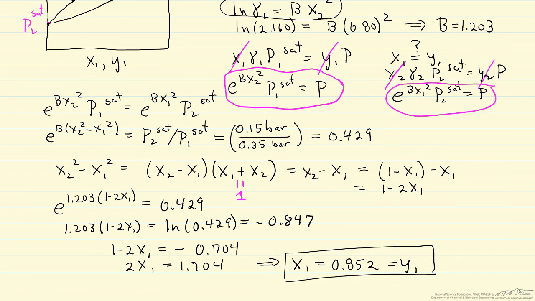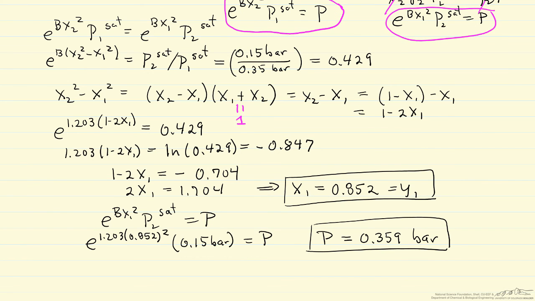So let's do that. I'll make the substitution, and we get a pressure. This pressure at the azeotrope is greater than P1 sat, but only slightly. So it's a very shallow maximum, but indeed is a maximum. And we've answered the question: using this simple one-parameter model, we would predict an azeotrope.